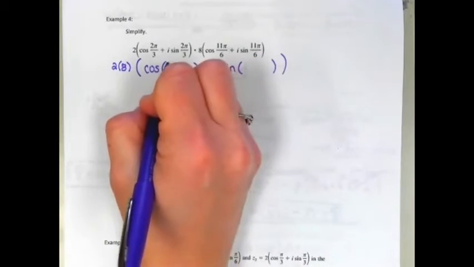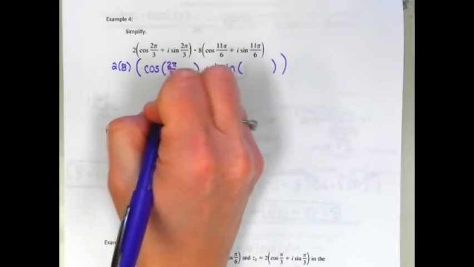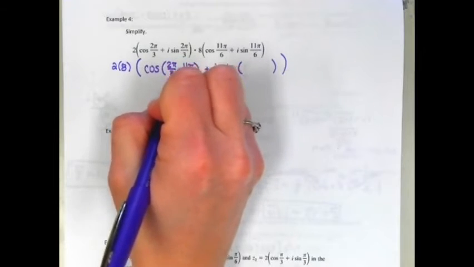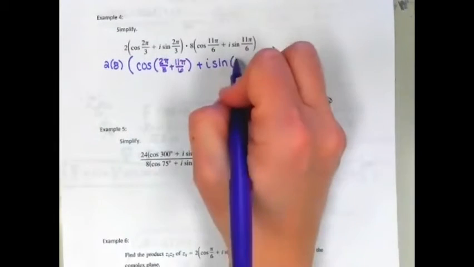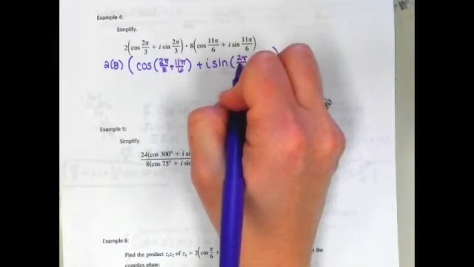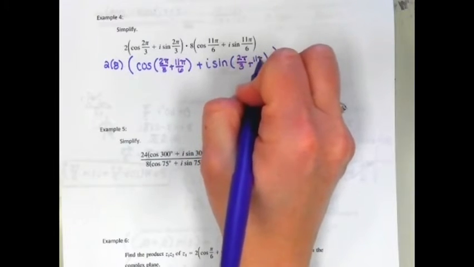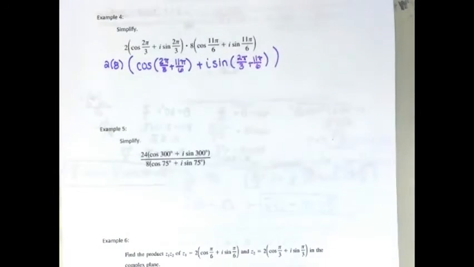So we're gonna have 2 pi over 3 plus 11 pi over 6. The nice thing, if you've noticed, they're always going to be the same, aren't they? Let me give you a chance to add those first.